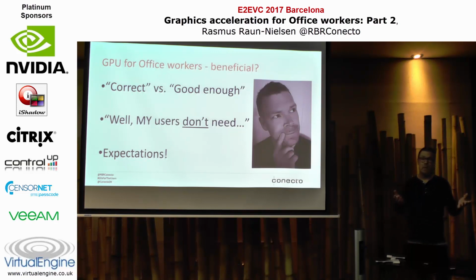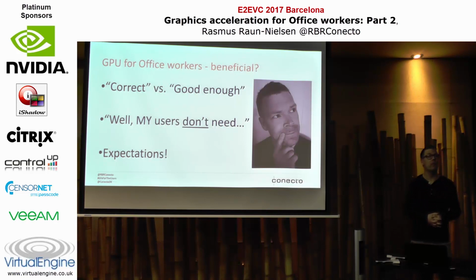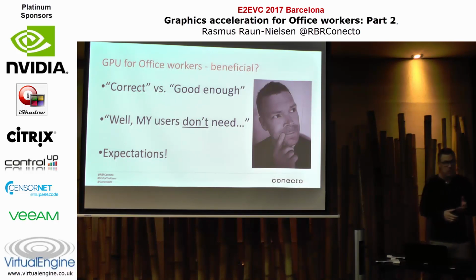But in the end, it's about the expectations, about the users expecting something, and about how to deliver and fulfill those expectations. So for the office workers, I thought, well, I know they are utilizing GPUs, but how much?